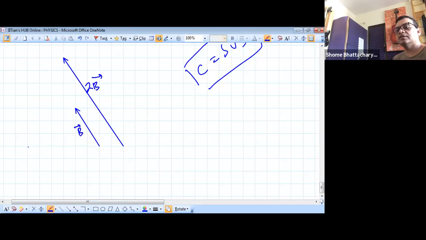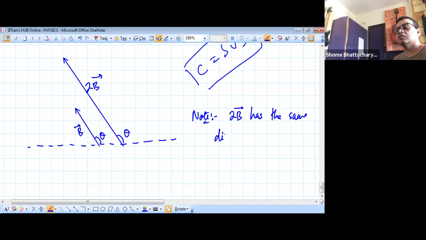So whatever angle they are making is the same. That's the same direction as the vector B. Okay. It has double the magnitude, but the same direction.